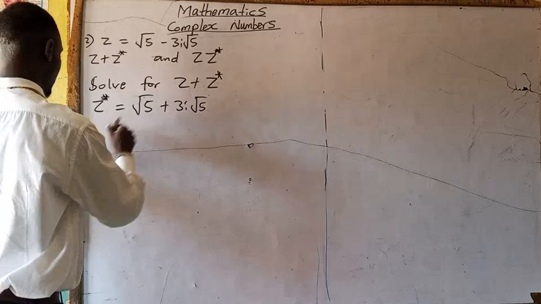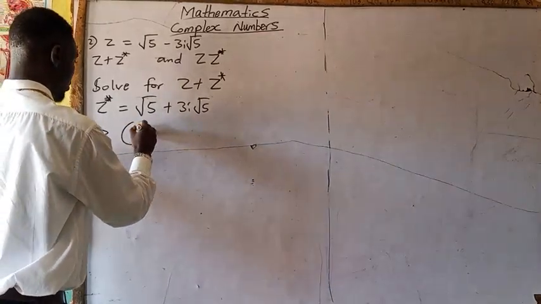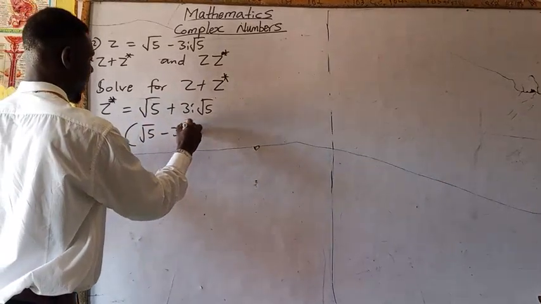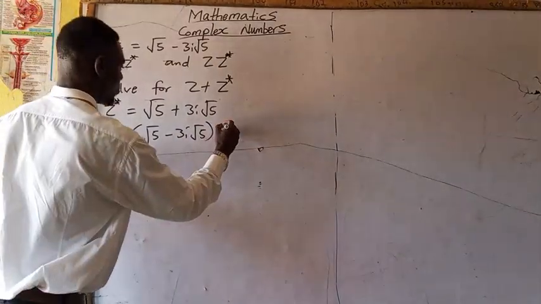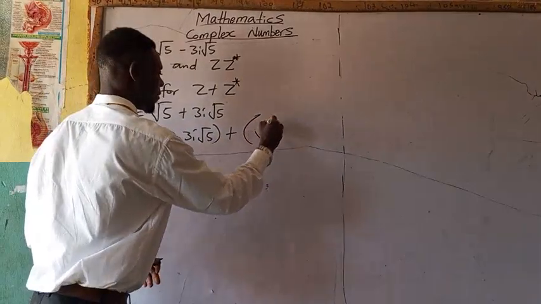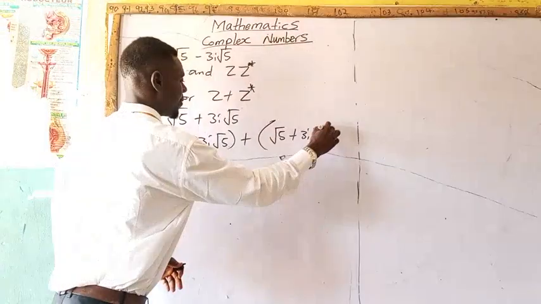If we are solving for this plus, this implies that we'll have bracket open, the original value, root 5 minus 3i root 5, plus its conjugate. The conjugate is root 5 plus 3i root 5.